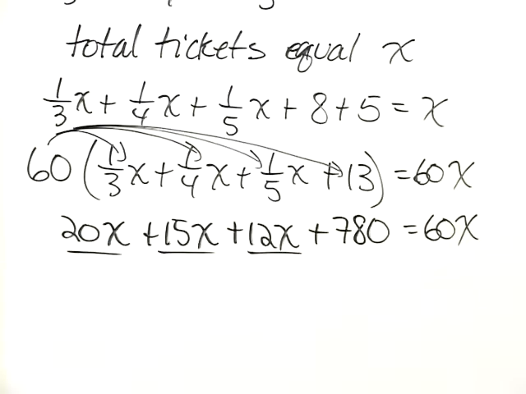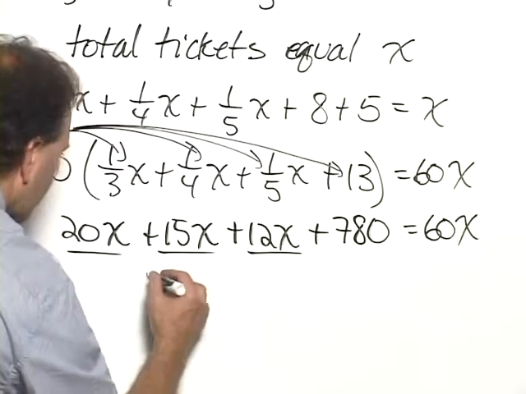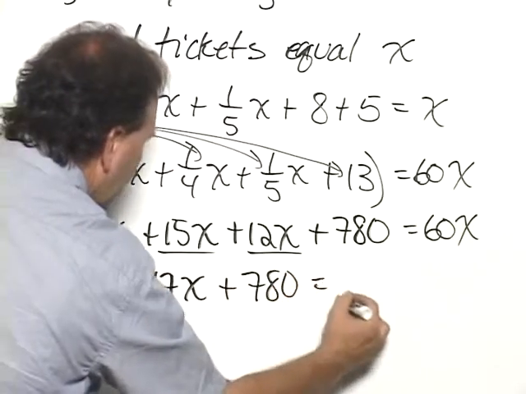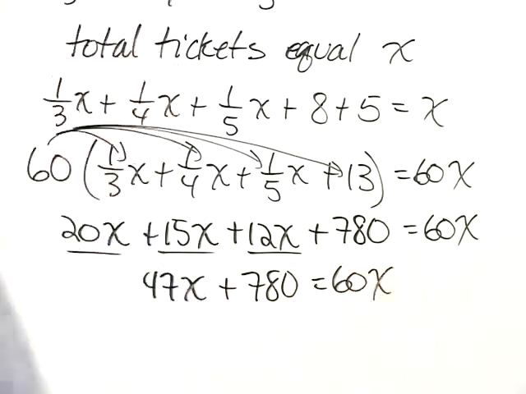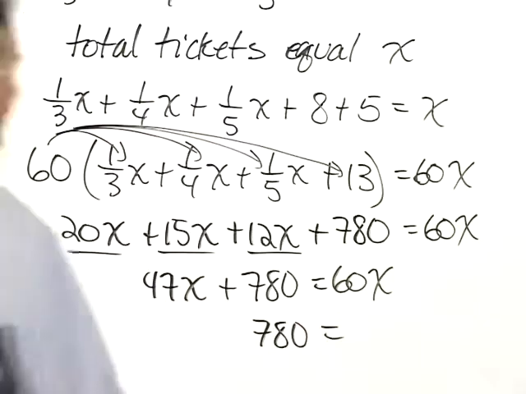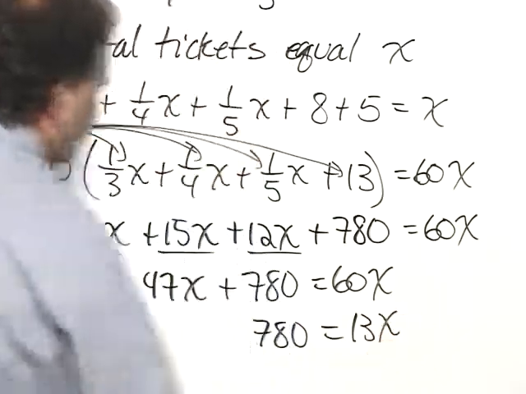We can combine the 20x, 15x, and the 12x. We add their coefficients, and that's going to add up to 47x plus 780 equals 60x. Now we subtract 47x from each side. We have 780 is equal to 13x.